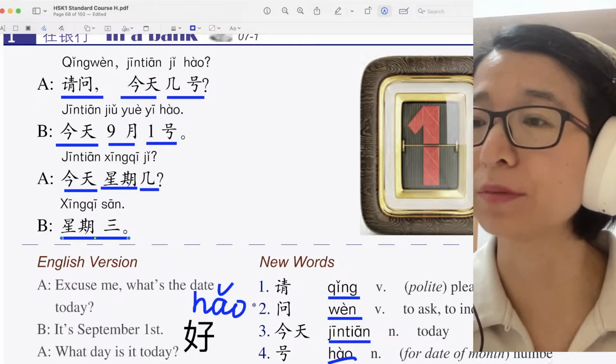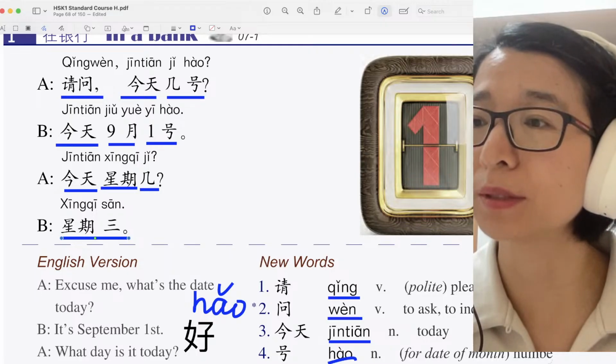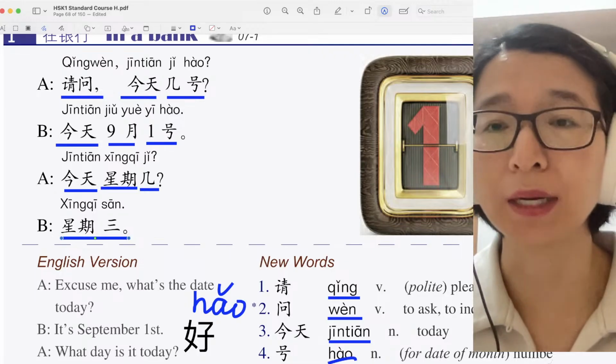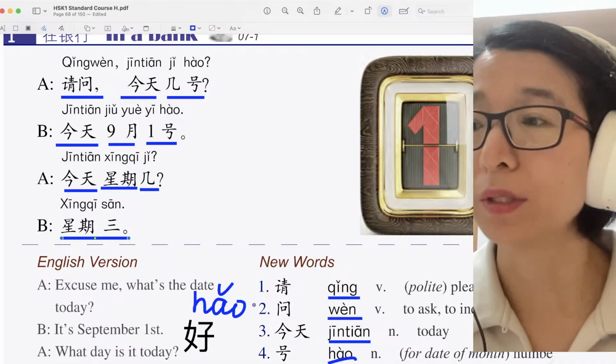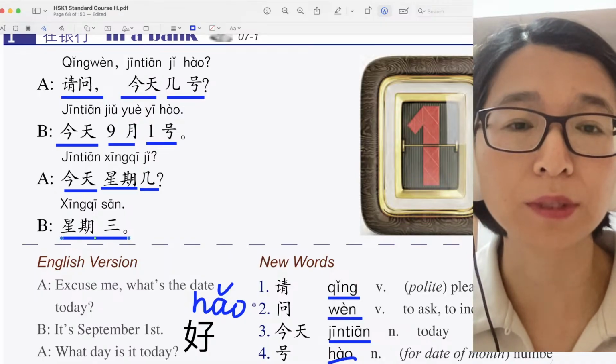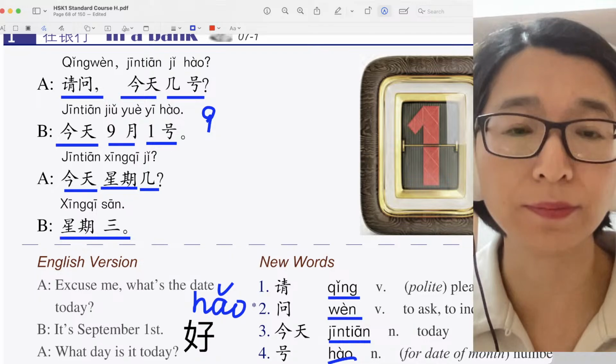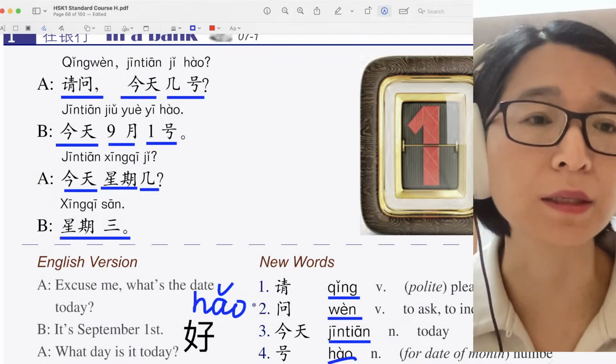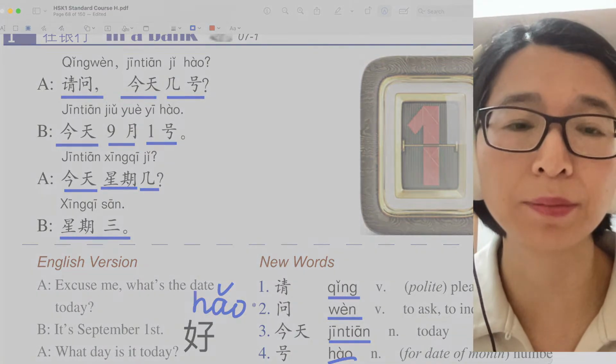I got a question from Philip. Is it September 2nd? Do we say 星期二 or 星期两? Let's say your question. For example, today is September 2nd.